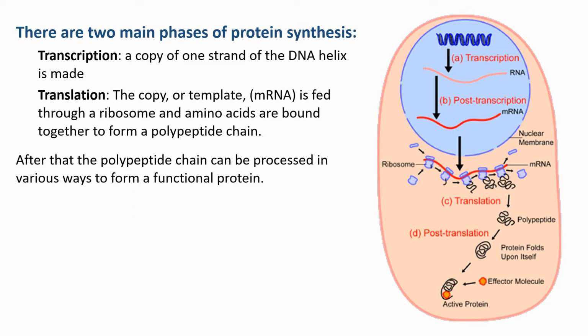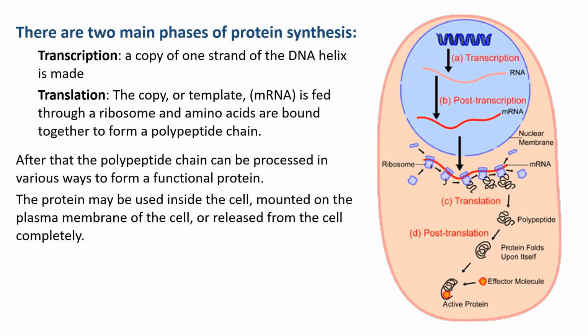After that, the polypeptide chain can be processed in different ways, and it ends up becoming a functional protein. The protein can be used within the cell. It can be mounted on the plasma membrane of the cell, what we call expressed by the cell, or it can be released completely into the circulation. The protein can be a chemical.